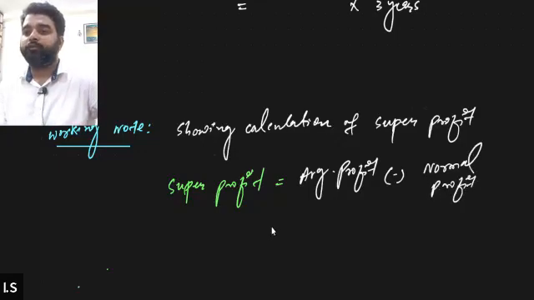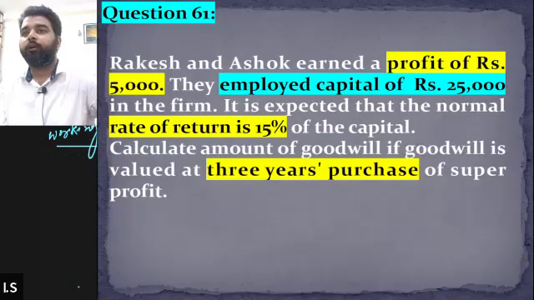The average profit of the firm is already given in the question. It is the first value, 5,000. This is the average profit of the firm.